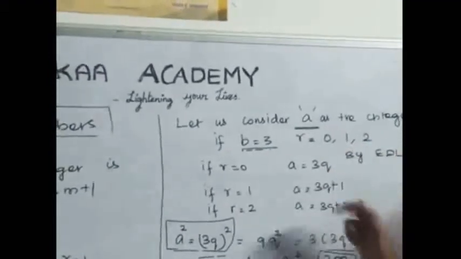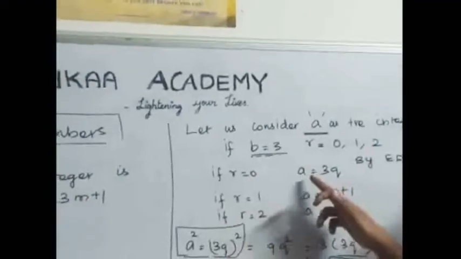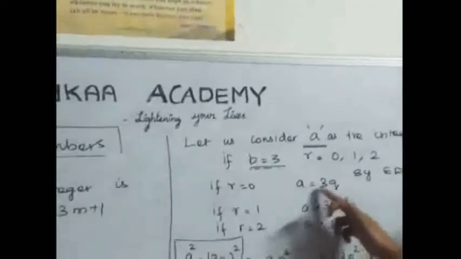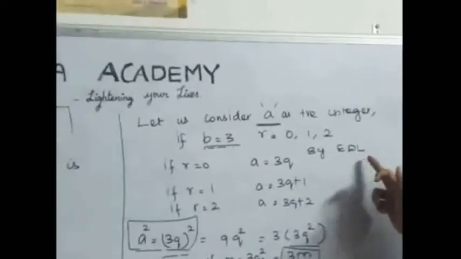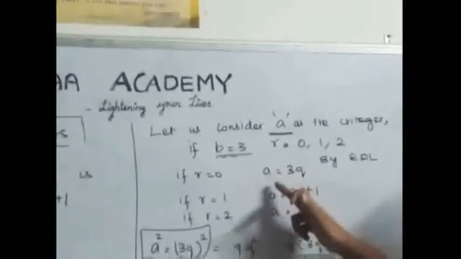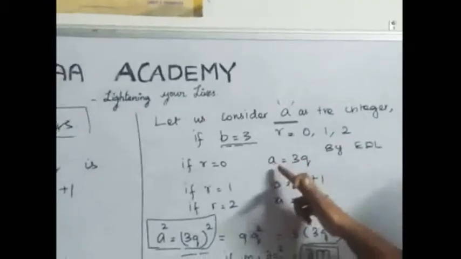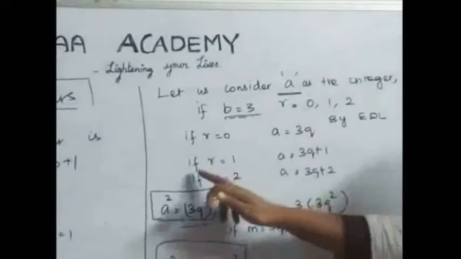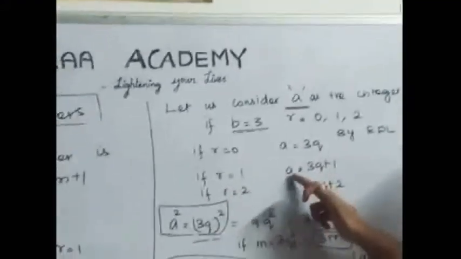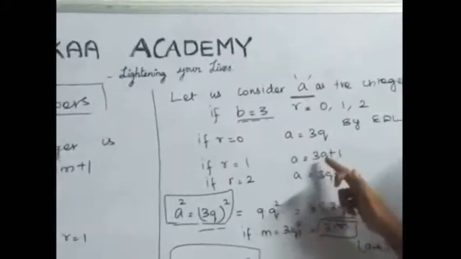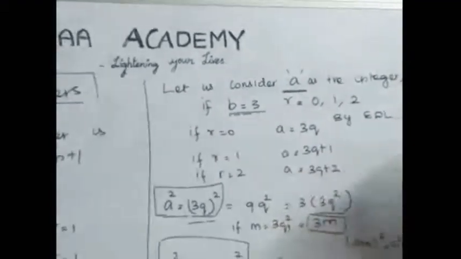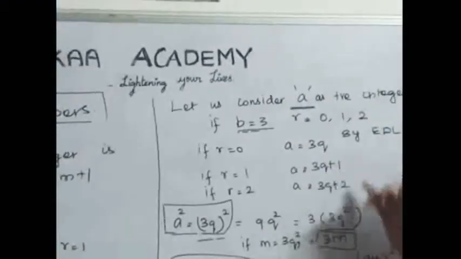If the remainder is 0, applying Euclid's division lemma, a equals 3q. If r equals 1, a equals 3q plus 1. Like this you have 3 equations.